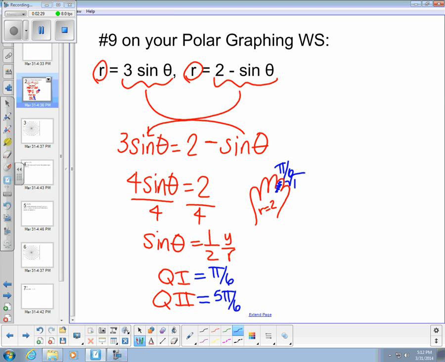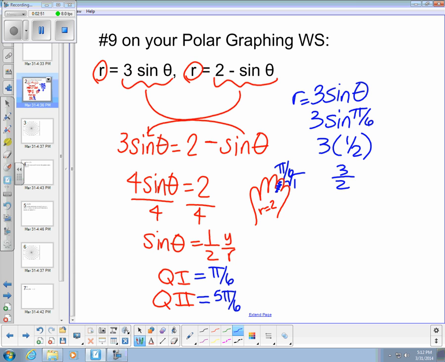Now, for the points of intersection, we also have to figure out what r is. So I'm going to come back up here to either equation. Let's take r equals 3 sine theta, and plug in one of my theta values. So 3 times the sine of pi over 6. Well, the sine of pi over 6 was 1/2, so 3 times a half would be 3/2.